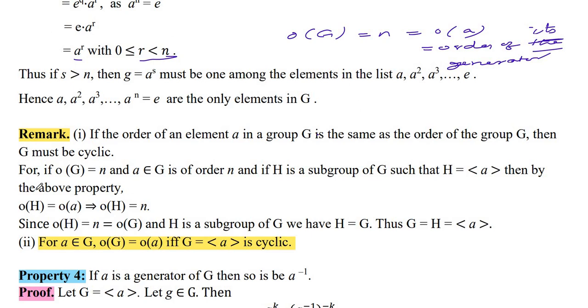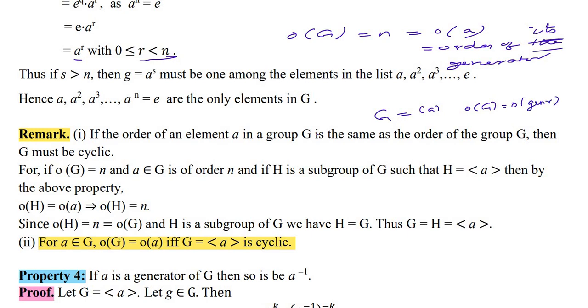Okay, now we have this remark: if the order of an element A in a group G is the same as the order of the group, then G must be cyclic. See, what we proved in the previous result is whenever G is cyclic, generated by A, the order of G is the same as the order of its generator.